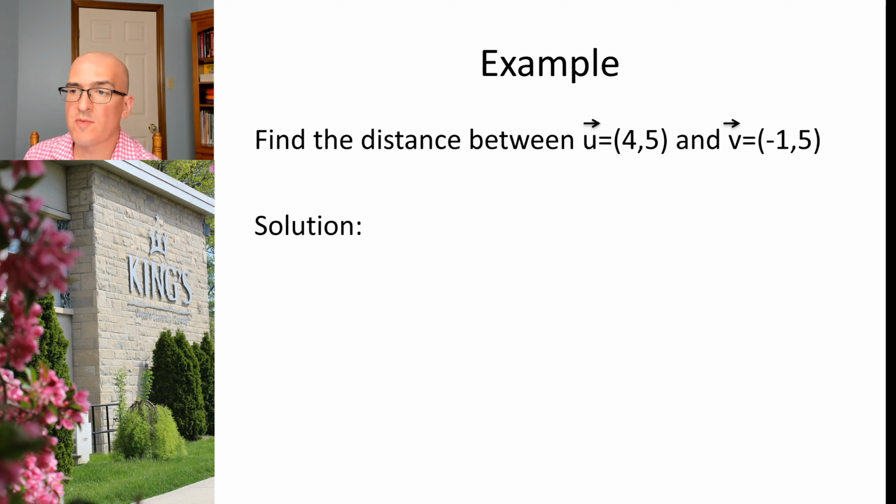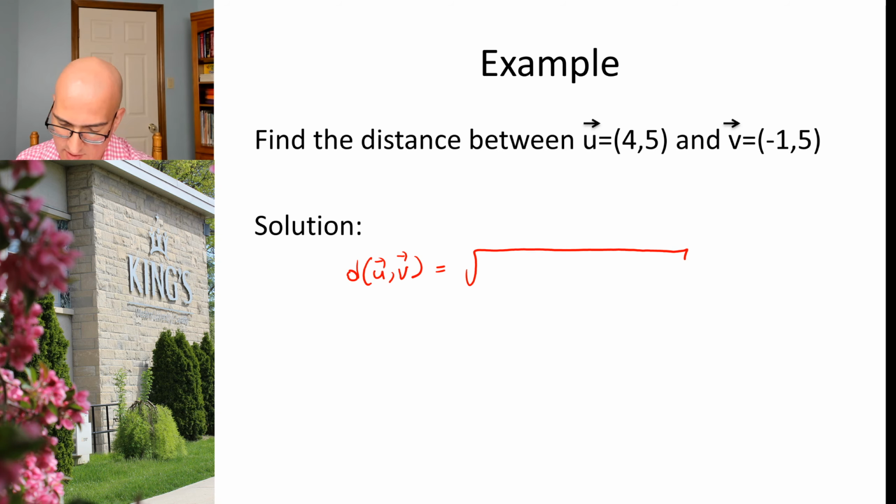So let's use this formula for an example in R2. Find the distance between the vector u, (4, 5), and the vector v, (-1, 5). So our distance between u and v is equal to the square root of the x minus the x. Remember, it doesn't matter which one you subtract from which one.